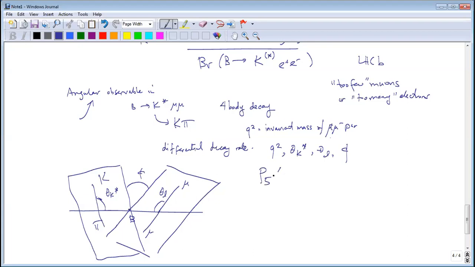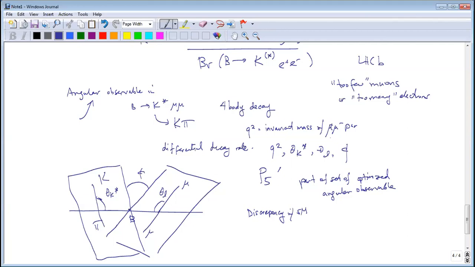This is part of a set of optimized angular observables that are being measured at LHCb and also at Belle, which is really quite something. And it turns out there's a discrepancy with the standard model.